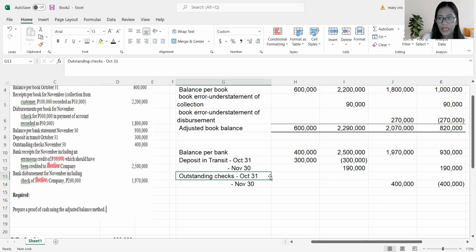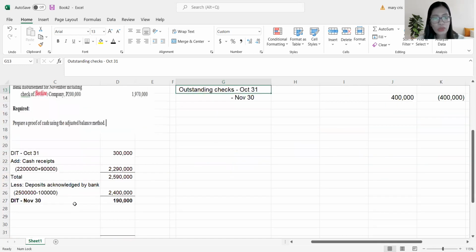After that, let us compute the outstanding checks of October 31. How do we compute it? Actually, the idea is the same. The only one missing is October 31, so we just have to work it back.